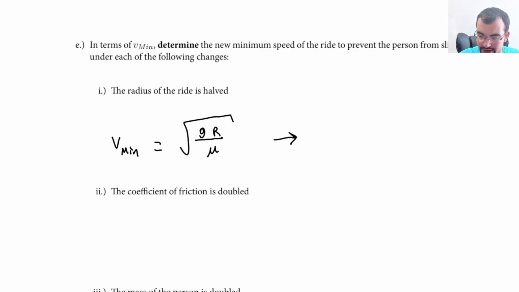All right, so the radius of the ride is halved. Well, mu doesn't change. R is the only thing that changes. It gets halved. So my Vmin would be halved, but it's under a square root. So this would be the square root of 1/2, or 1 over square root of 2 Vmin.